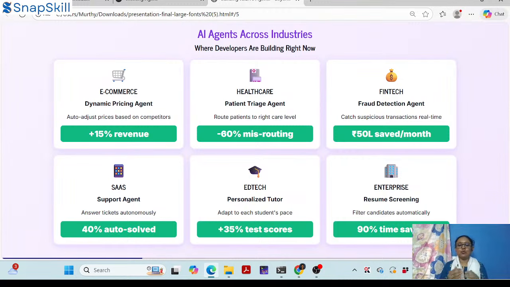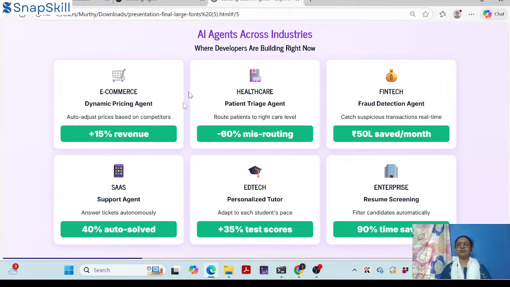To avoid that, we route the patient to the particular doctor based on the symptoms. In case of an emergency, it routes that person to the emergency ward. If it is a normal case, to the corresponding doctor. Like that, our agents give fast routing for patients and good accuracy for the results also. So patient triage agents are very important.